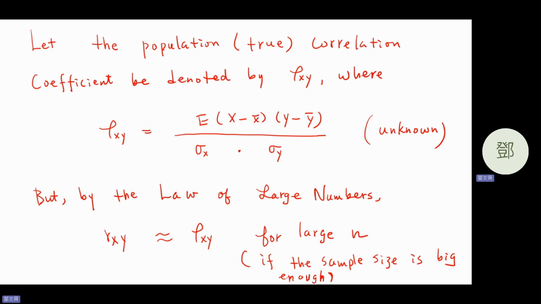This is the real one. If you knew it, you wouldn't have to sit here and learn statistics. If you know the true value of rho xy, you don't have to be here. This is the true one, but always unknown.